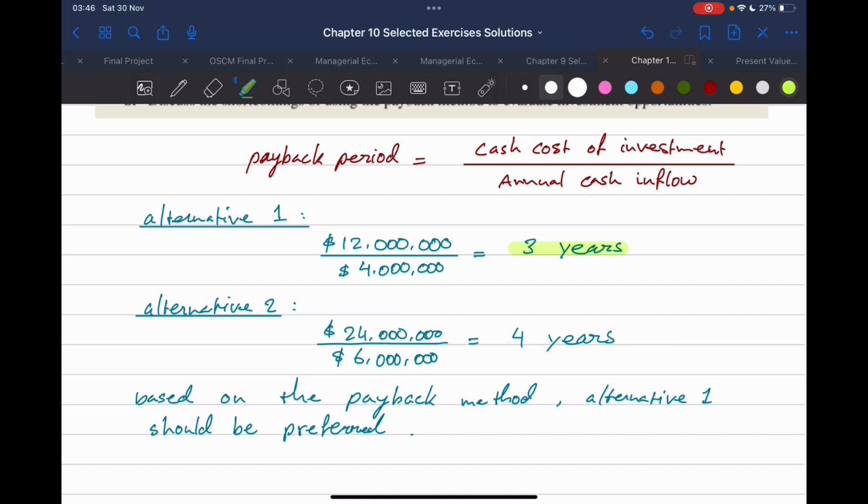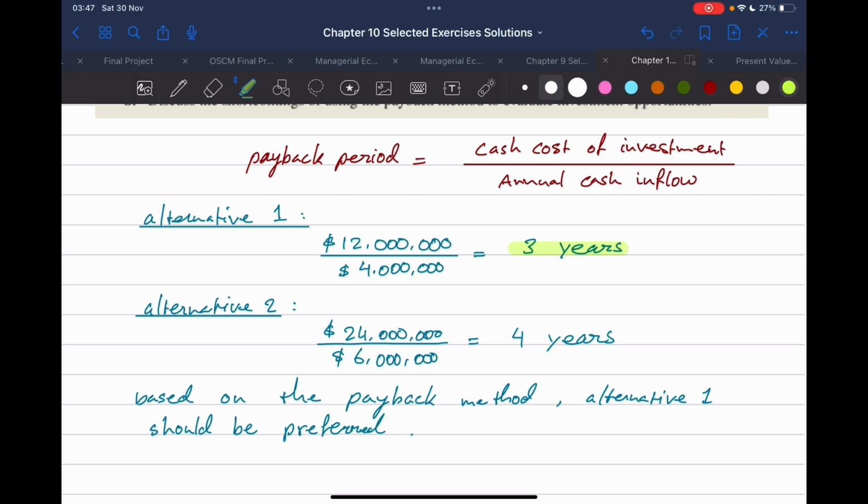If you remember, for example, for net present value calculation, we prefer the highest net present value. For internal rate of return, for example, we prefer the highest internal rate of return. This is the investment that we select. But for the payback period, the shorter the period, the lower the result we get, the better.